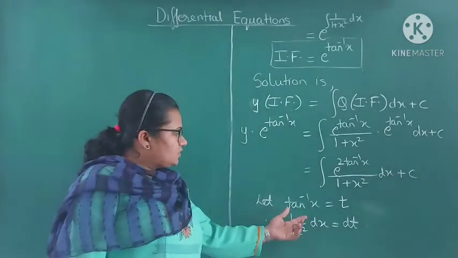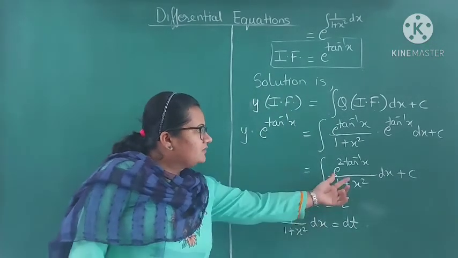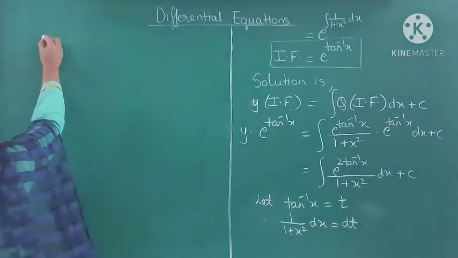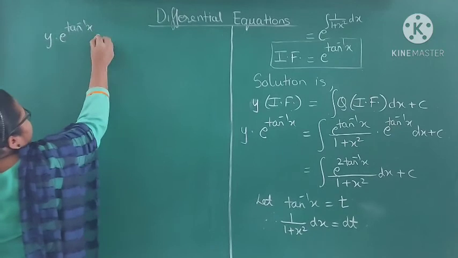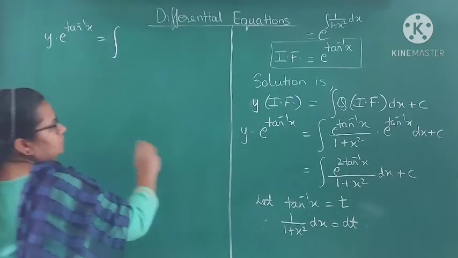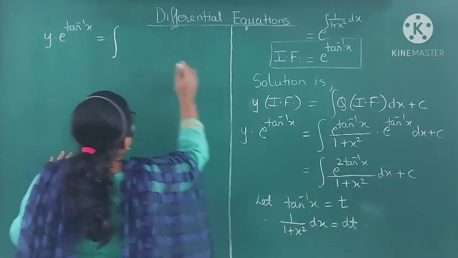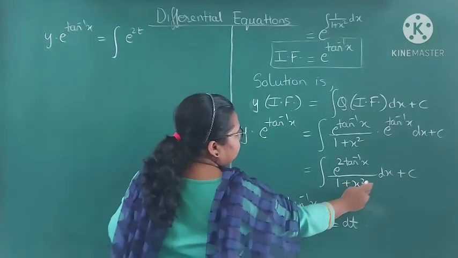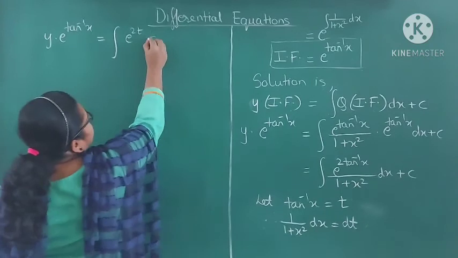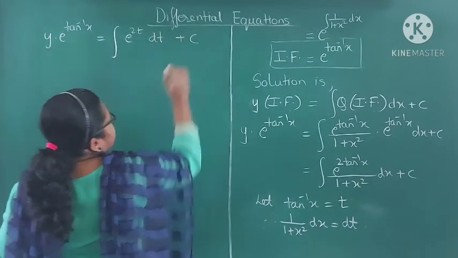So we have y into e raised to tan inverse x equal to integration of e raised to 2t, and 1 upon 1 plus x square dx is dt. So this will become dt plus c.